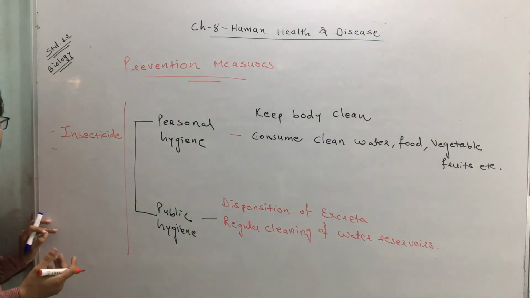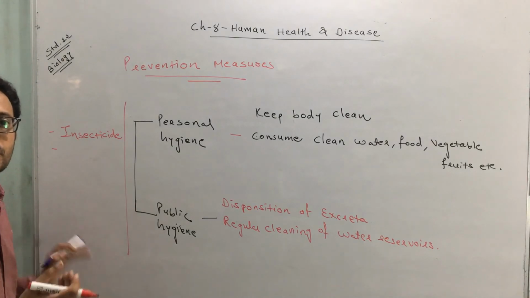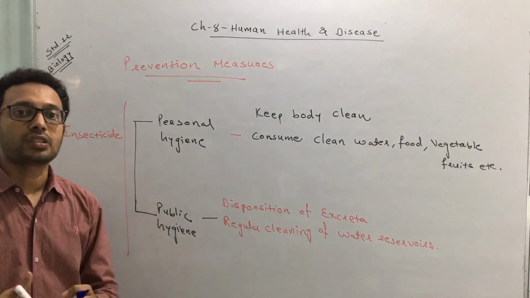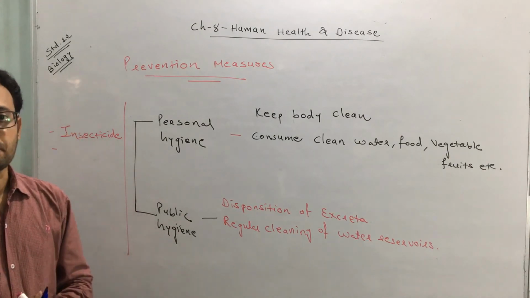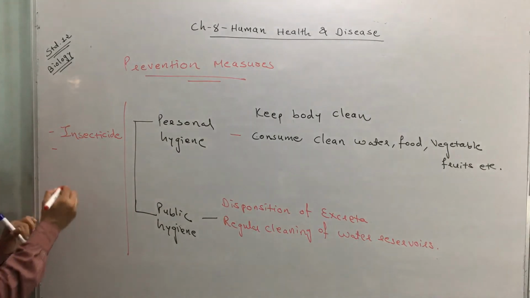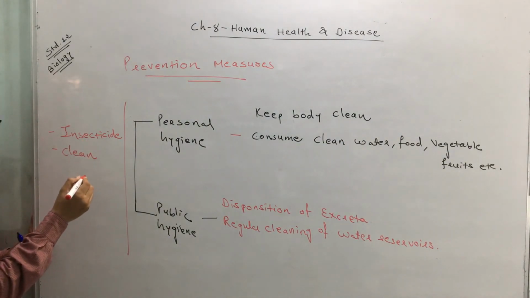In case of mosquito, water is a medium for growth. You know that mosquito easily grows in stagnant water. So in the case of stagnant water, we try to clean it.